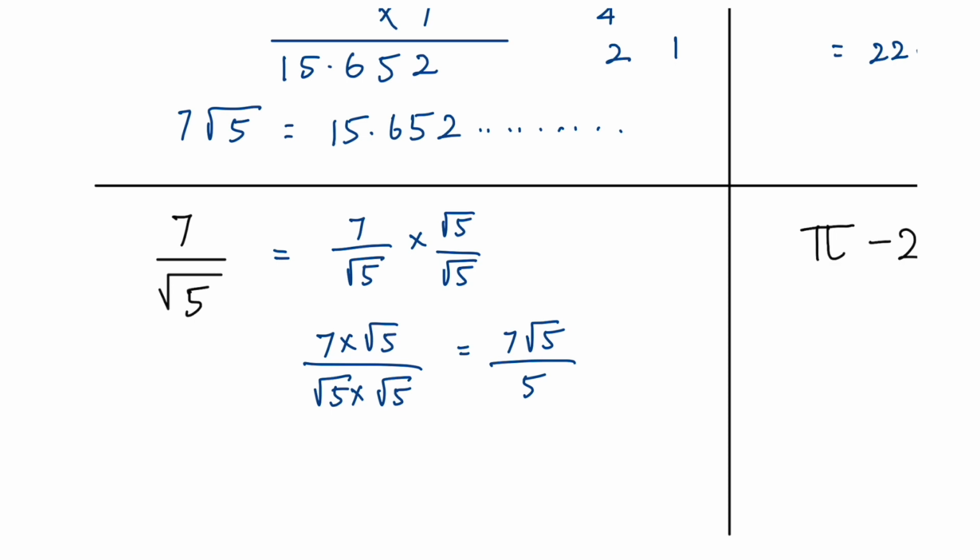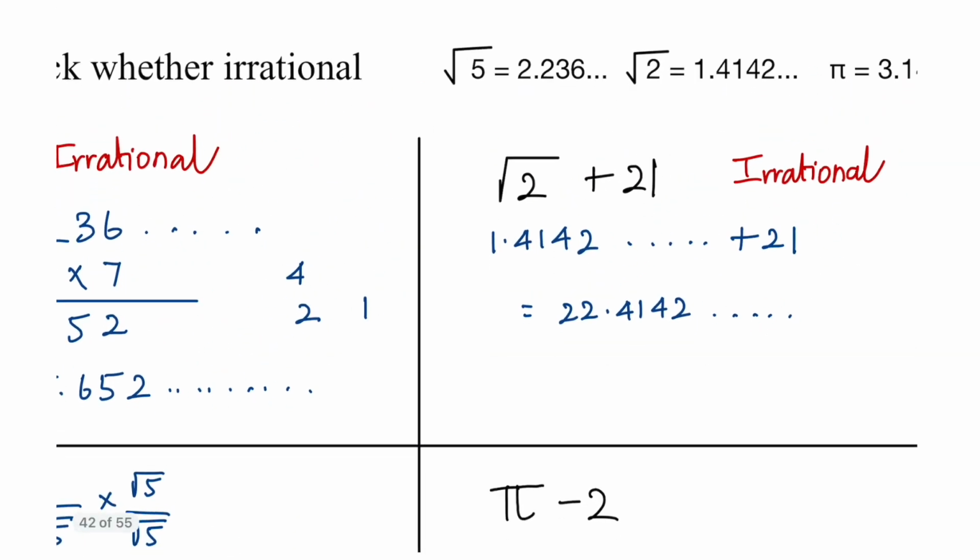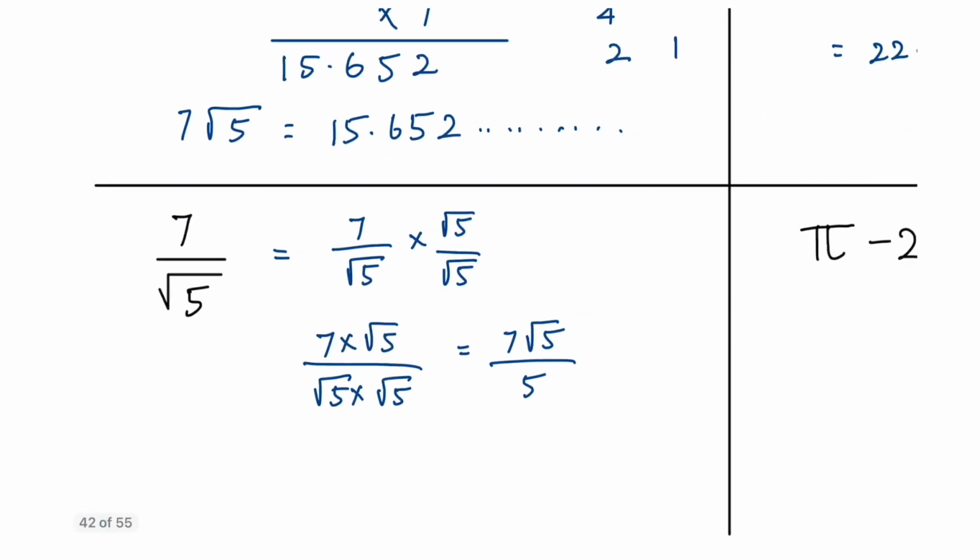Now you can use the value of root 5 that has been given in the question and evaluate this. Because root 5 is irrational, it would be really difficult for you to divide 7 by that number, so we have converted it into a multiplication form. So 7 into root 5 divided by 5.